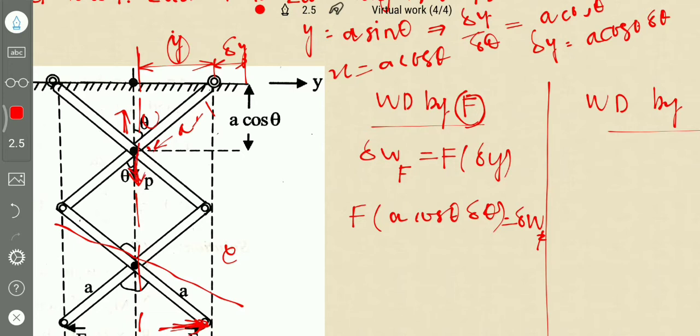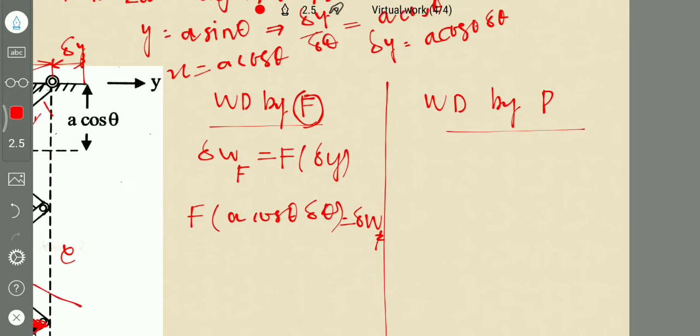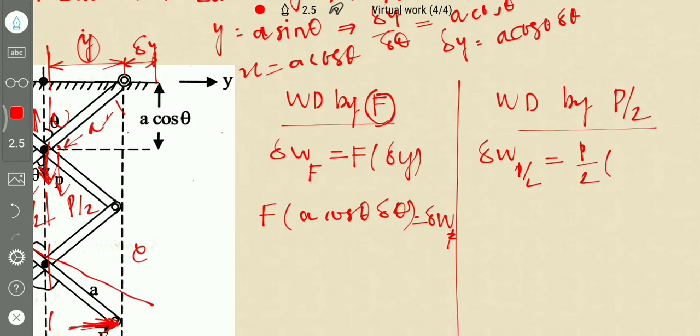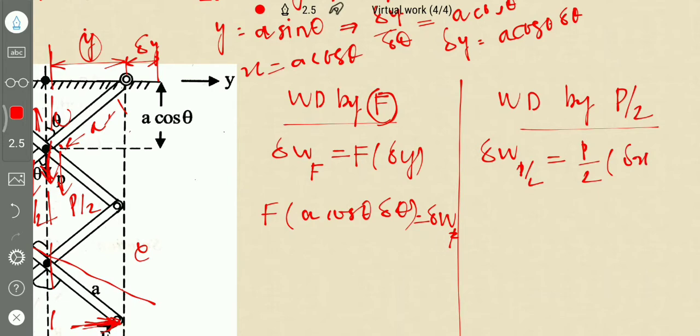So this P is divided, here it is P by 2 and here it is P by 2. So P by 2 is the force acting on the right side. Virtual work done by P by 2 is equal to load into the distance, which is delta x.